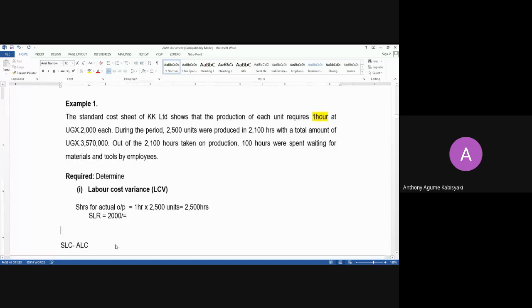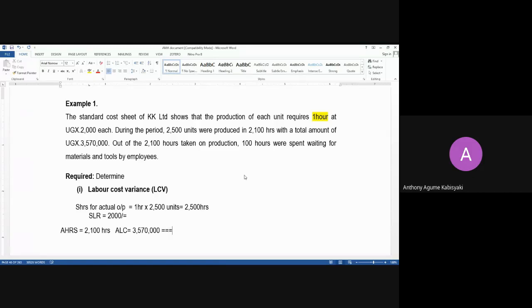And my actual hours in this case are 2,100 hours. And my actual labor cost for these hours is 3,570,000.